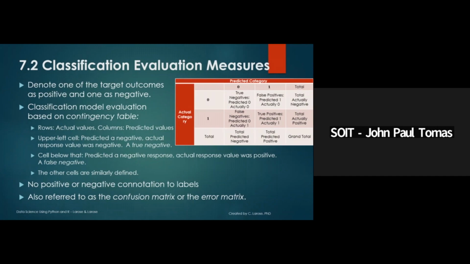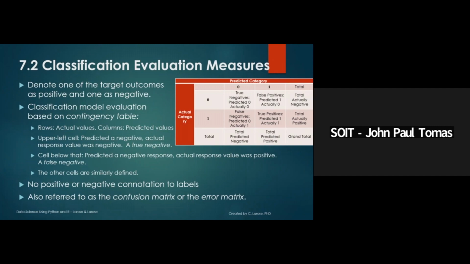The upper left cell in the table represents the number of records where the model predicted a negative response, and the actual response value is indeed negative, making this prediction a true negative.